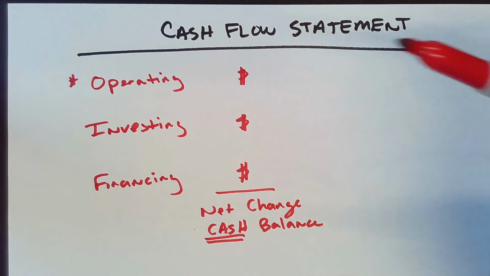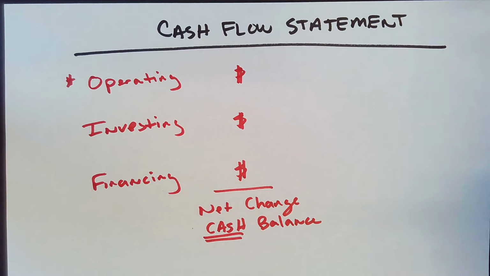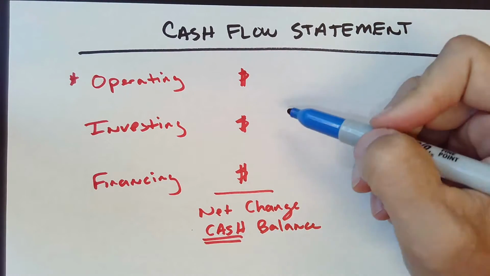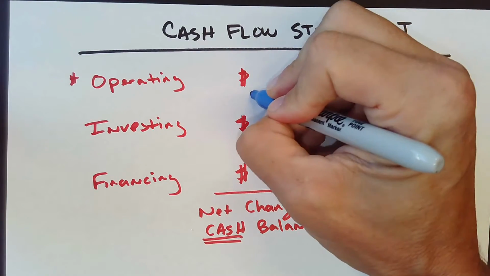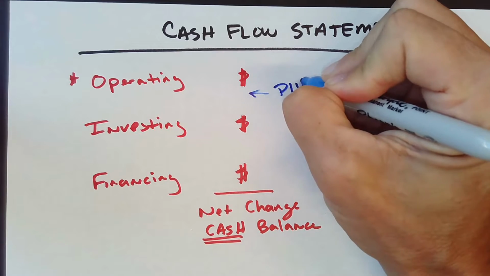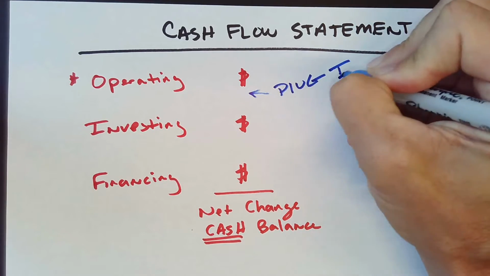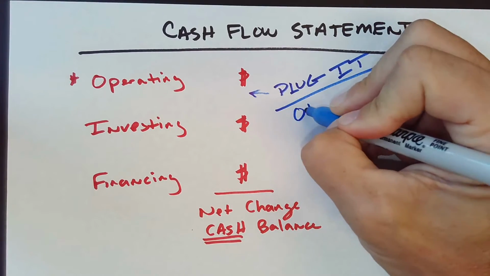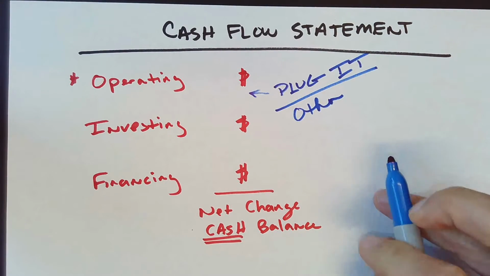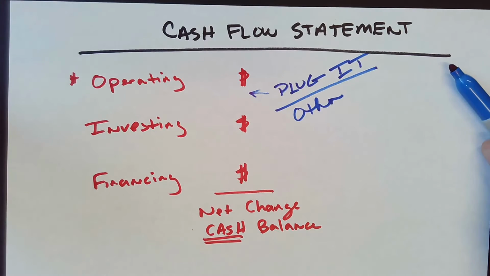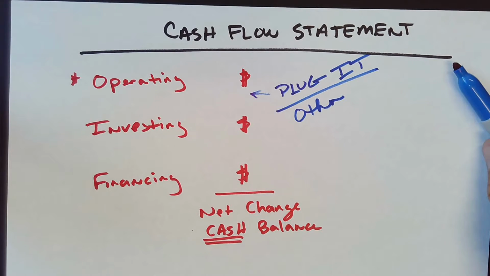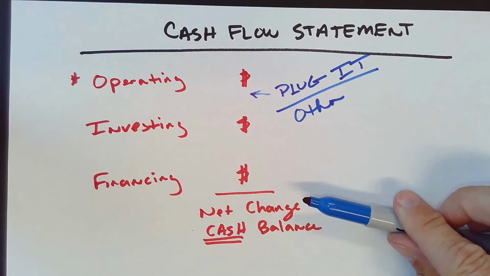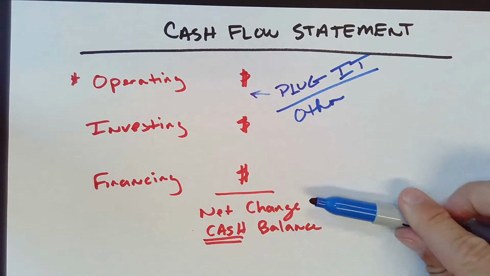I tell all my students this. If you're constructing a cash flow statement and you can't get this to balance, plug it. It's called other. And it's usually a plug into operations. So don't ever create or give an out-of-balance cash flow statement.